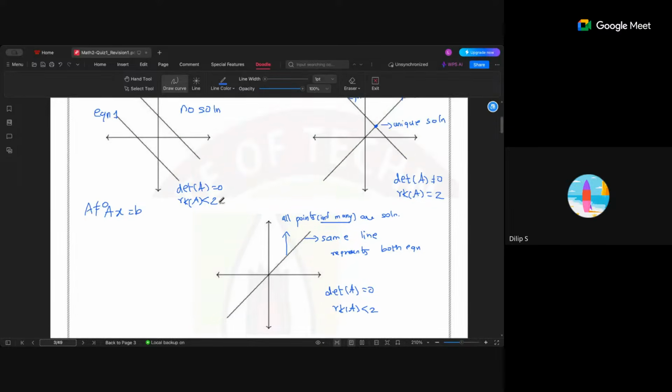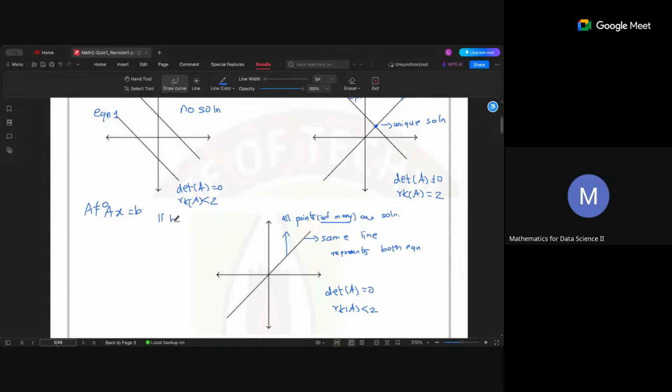So what is the difference between these two cases? These two conditions look the same. But why here do we have no solution and here infinitely many solutions? That is because that depends on B. So after this condition, B determines whether we have no solution or infinitely many solutions.